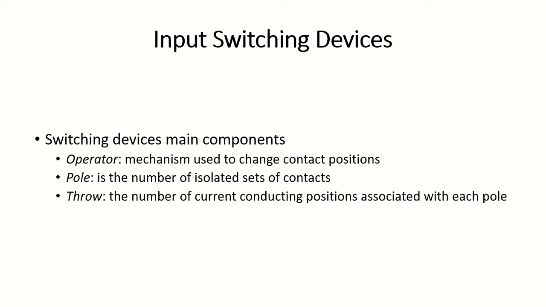You could have multiple sets. And each one of these circuits that we're turning on and off is going to be controlled by a pole. It'll make a little bit more sense in these next upcoming slides, so hang tight.